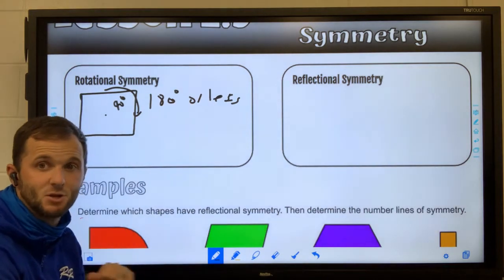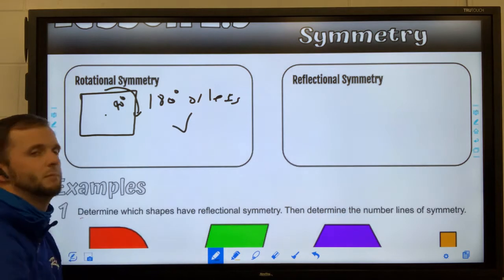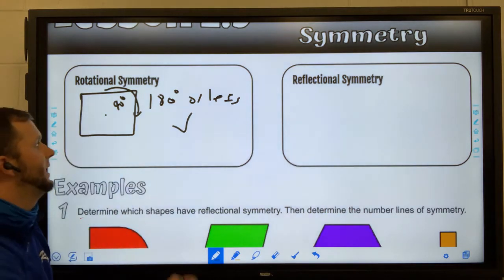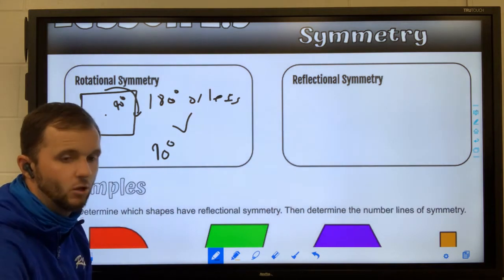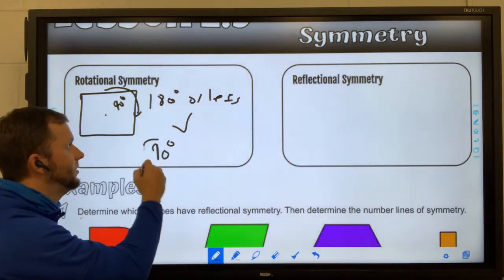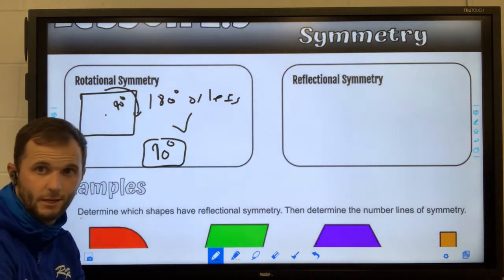Because I didn't draw a perfect square, it's not going to match up. But if I had a perfect square and rotated it 90 degrees, it would match up on itself because all the sides are congruent. So it does have rotational symmetry, and the angle of rotation is 90 degrees, which means the smallest angle it would take to rotate.